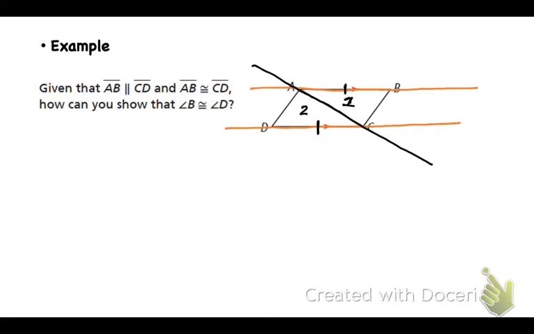Alternate exterior angles are congruent. We all know a lot of this stuff, right? Okay, so how can we show that BD, so B and D, are congruent to each other? Well, right now, all we have is side, angle, side. Yes? So we have a side.